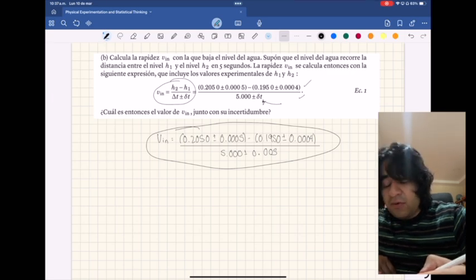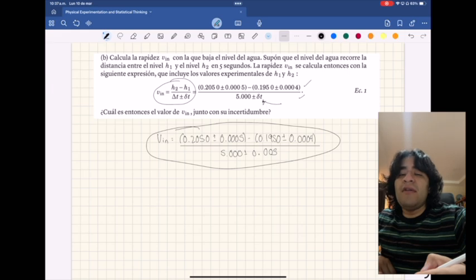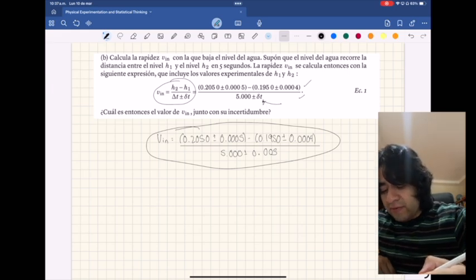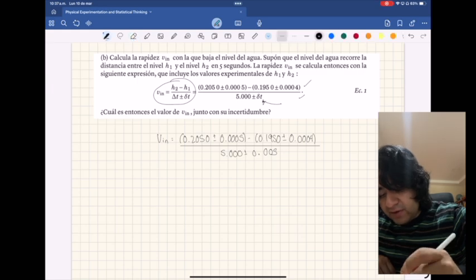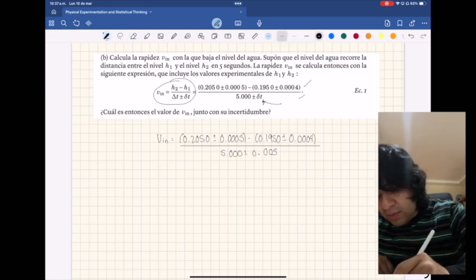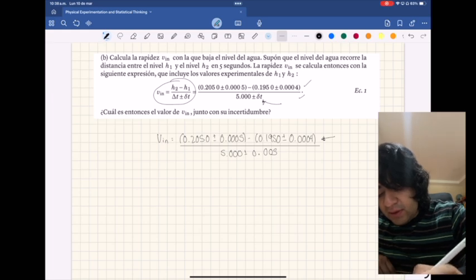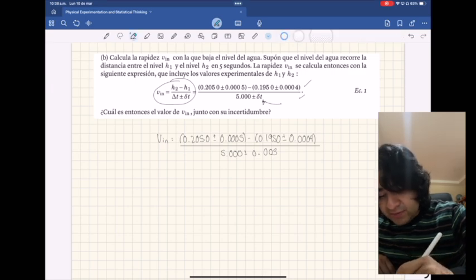And for this, we are gonna use the quick rules for uncertainties. So our first step is to reduce this section to one term with the respective uncertainty. So let's go with that first.